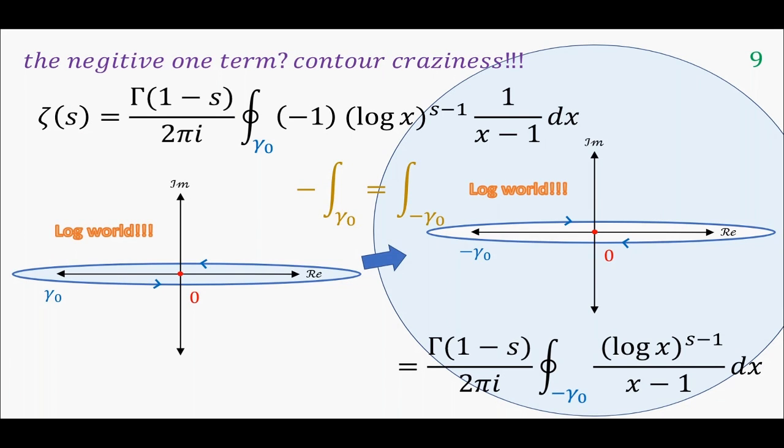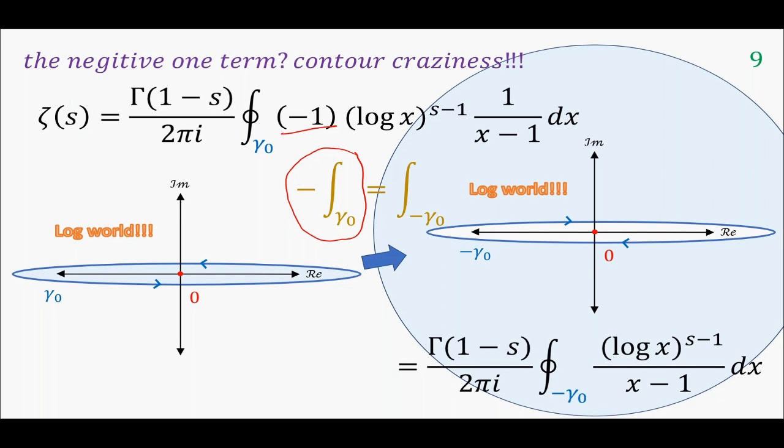So what about this negative 1 term? As you can see, this is where it gets crazier and crazier. So this negative 1 term, this is what our integral looks like right now, kind of in its basic form.